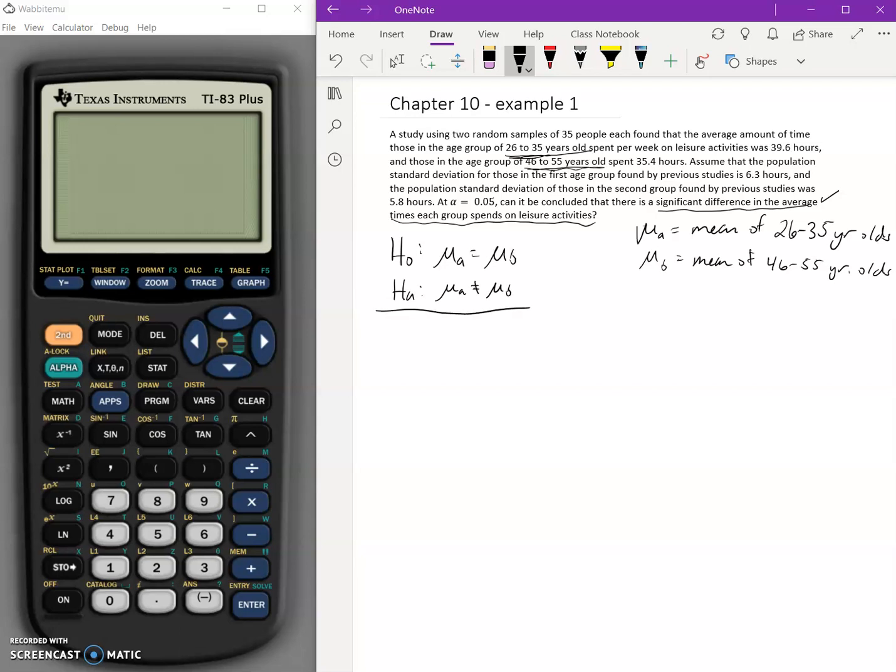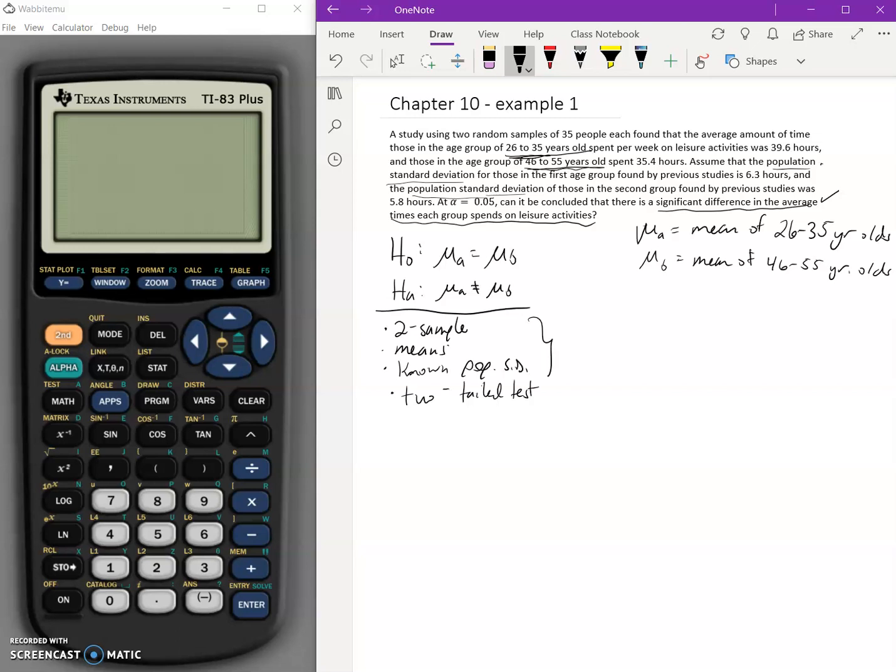Now when we try to figure out which test to use, we have a 2-sample test. We're looking at means, and we're trying to figure out, do we have a known or unknown population standard deviation? Well, we know the population standard deviations for both of them. So since both are known, we have known population standard deviations. We can also note that this is a 2-tailed test.